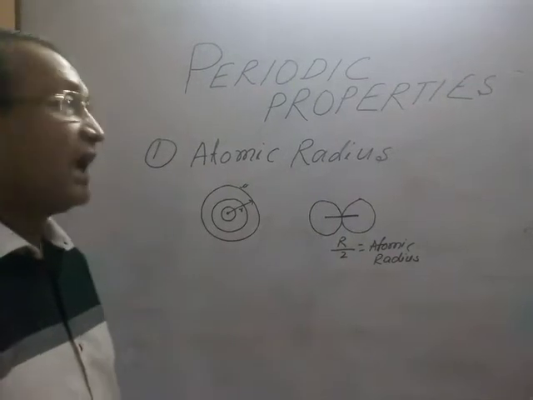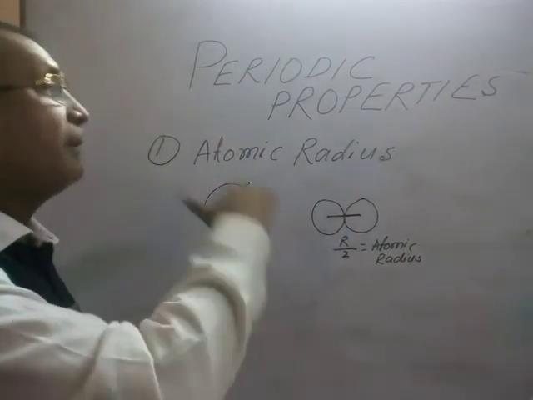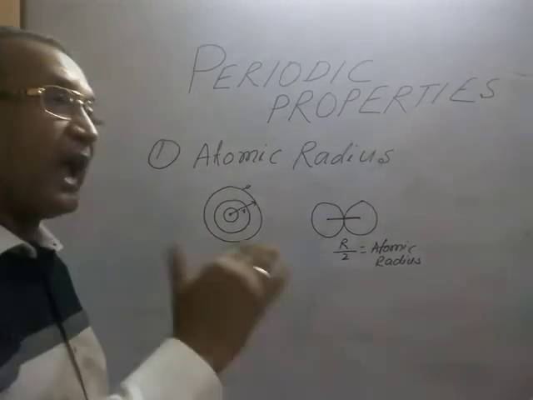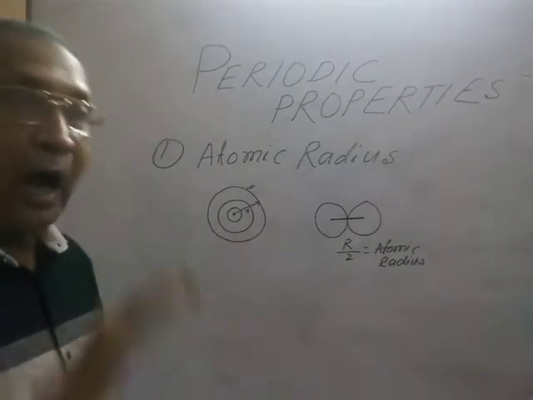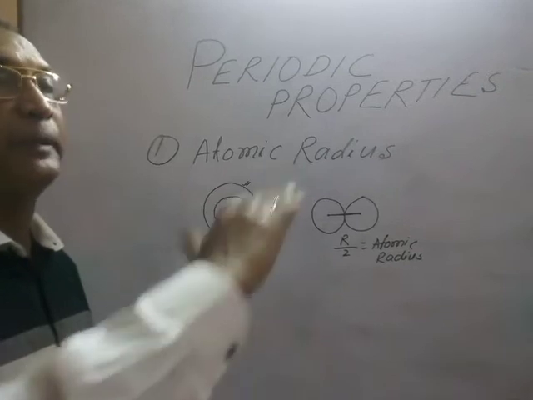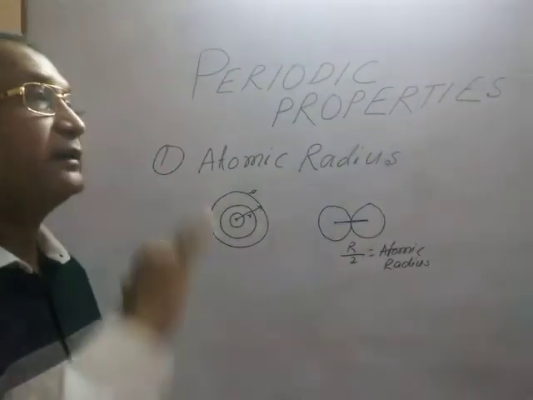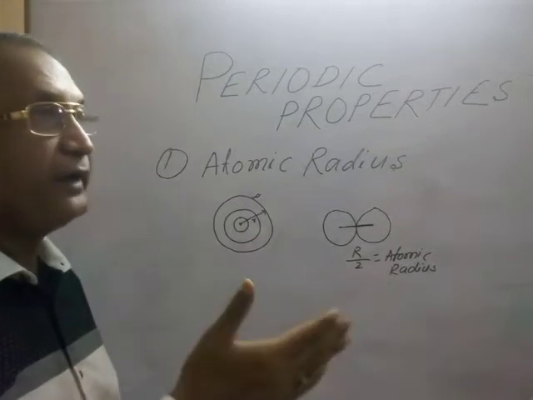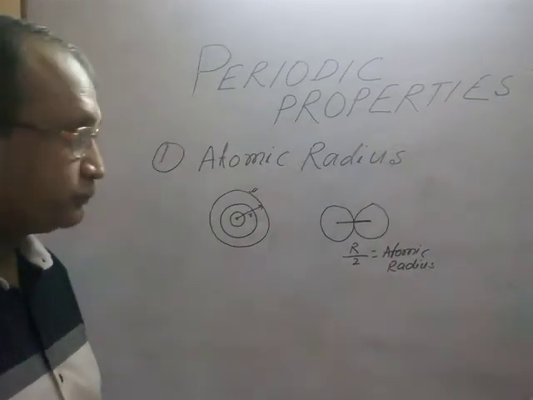Now, as soon as we read about the periodic properties, we should also read how it varies across a period and down a group.